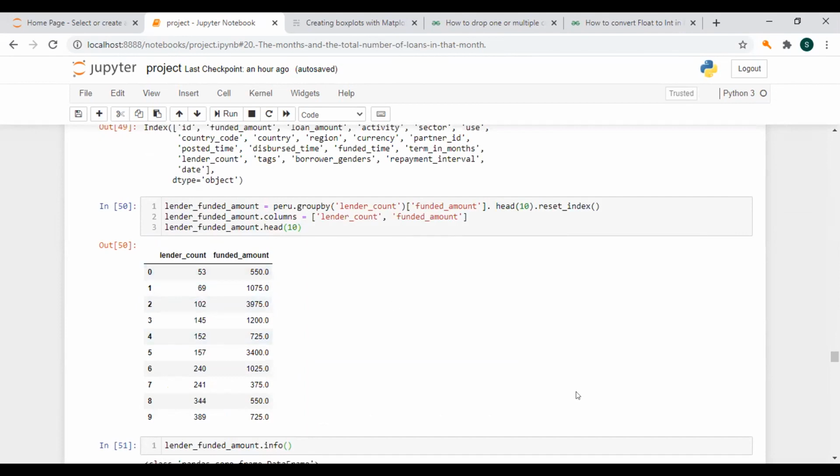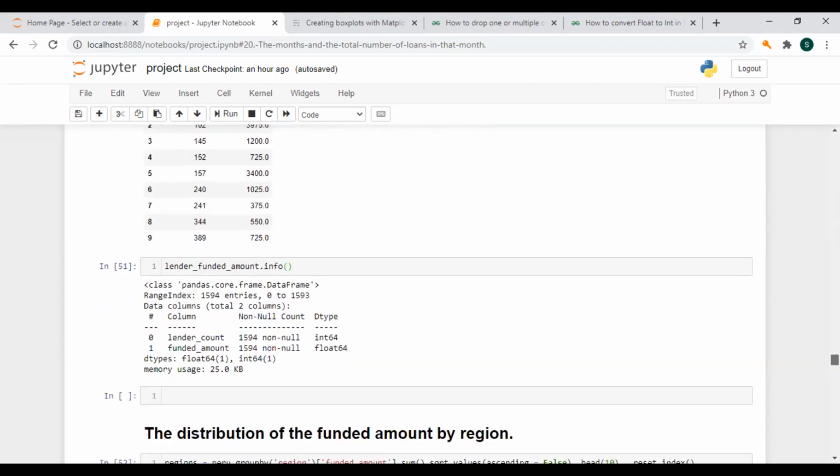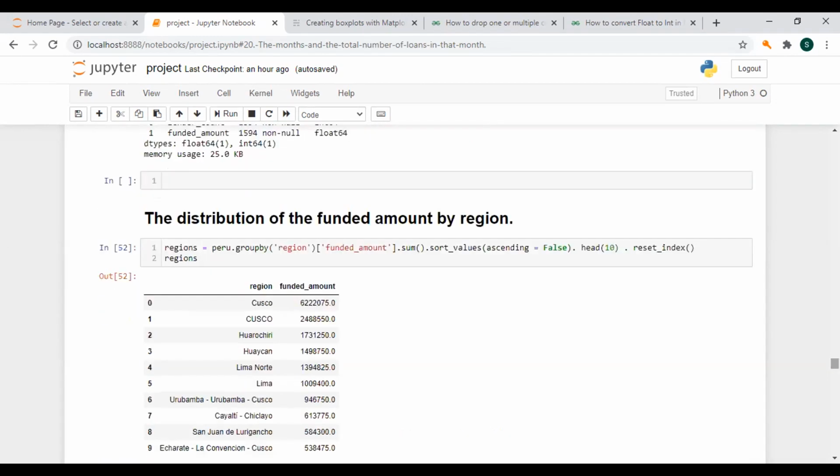So I tried how I could plot the lender count, which is an integer, and the funded amount, which is in the form of float. To convert, I know we use the int function, but I struggled with how to fix it to get the funded amount back to integer form. But I saw some people did that visual. I'll go through that. Then the distribution of the.